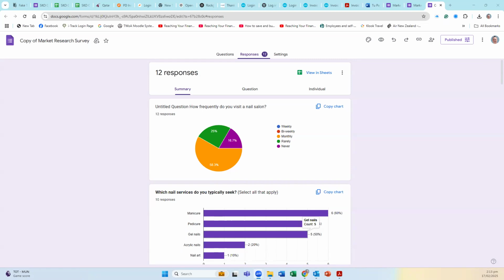As I said before, this is going to be probably a shorter session than what we would normally have because we're only concentrating on market research. Now, the challenge is because we've only got 12 responses, it's not quite enough for the vetter to be satisfied that the responses are a fair sample size for your target audience.